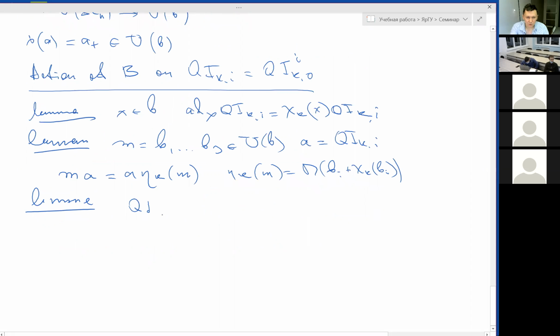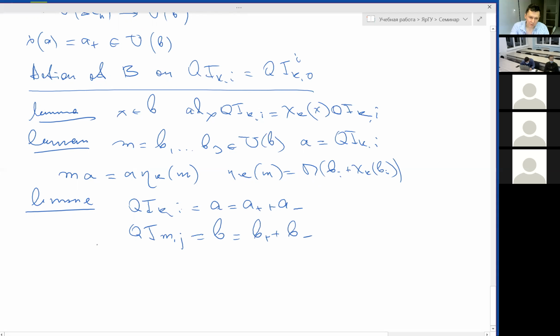Let Q_i K_i be represented by the sum of positive and negative part, and the same is true for another generator B minus.